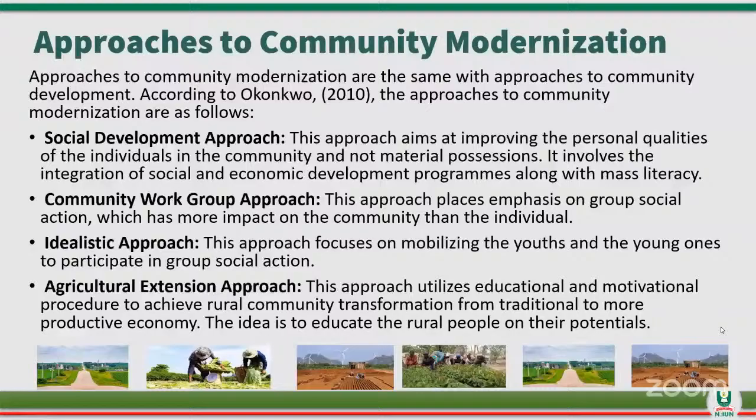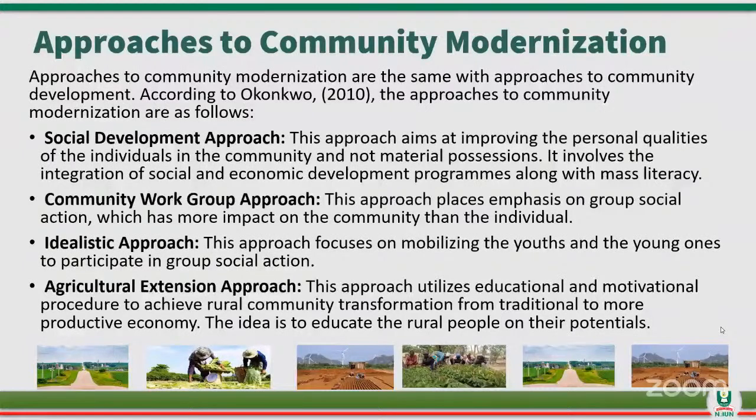This approach focuses on mobilizing the youths and the young ones to participate in group social action, ultimately making them part of the community plan to develop or modernize the society. Now, the fourth is the agricultural extension approach.